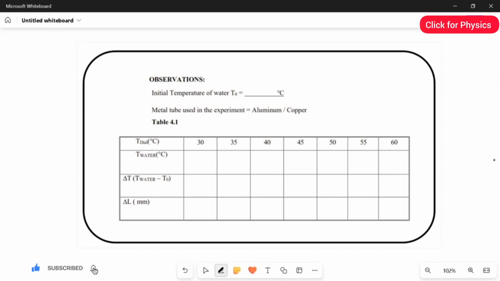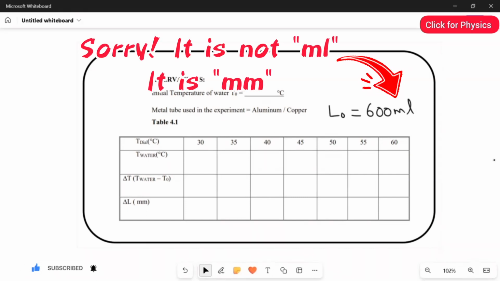And the second important thing is which material you are going to use, whether the aluminum rod or the copper rod. Both rods are exactly the same length. So the initial length of the rod for both aluminum and copper is exactly equal to 600 millimeter. Clear?